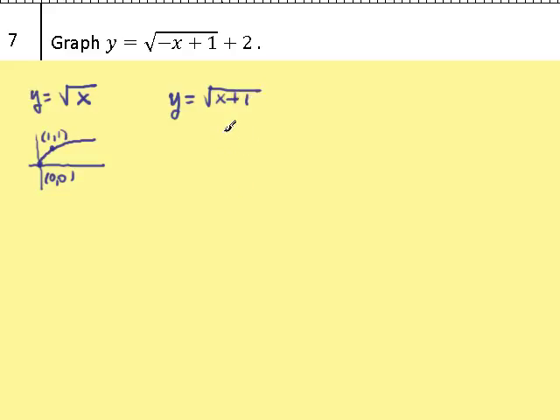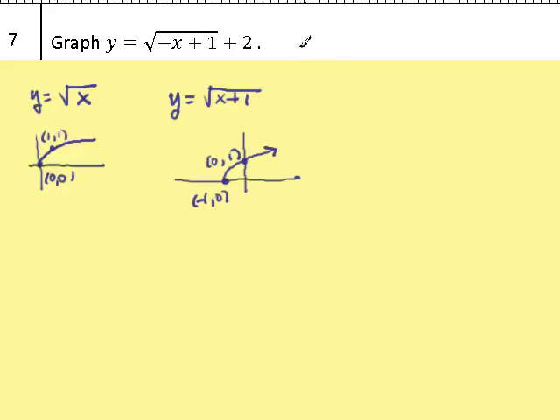That means we're going left 1. When x is replaced with x plus 1, we go left 1. So that would be here. So 0, 0 ends up at minus 1, 0. And 1, 1 ends up at 0, 1. Remember, we're subtracting 1 here, subtract 1 here.